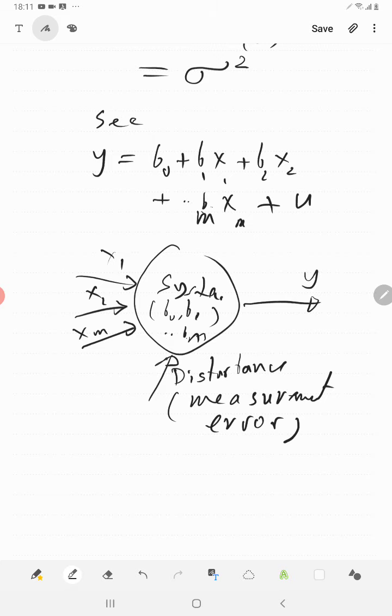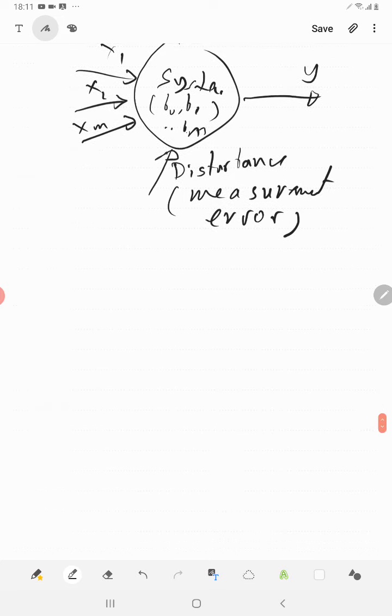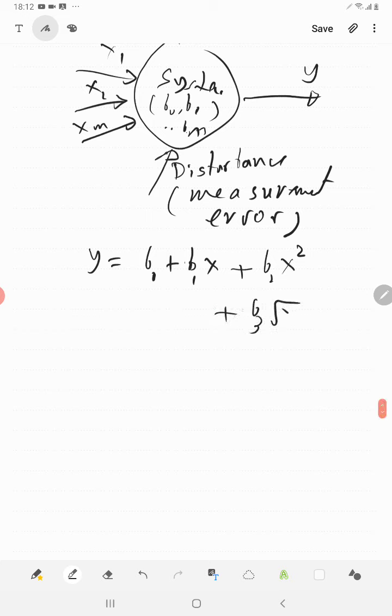Now you may have several variables x1, x2, to xm, or you may have only one variable but different functional forms. For example, y is equal to b0 plus b1 x plus b2 x squared plus you may have b3 root x plus u.